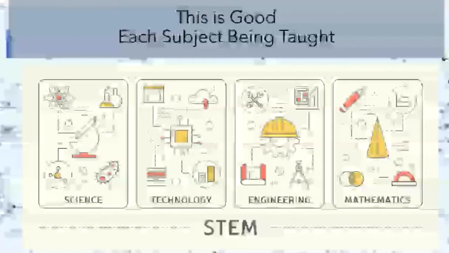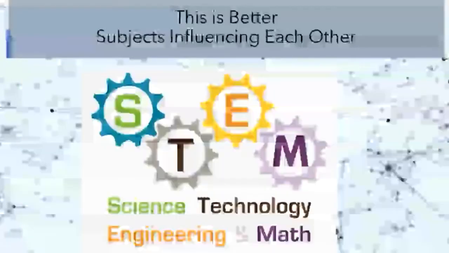So when we think about STEM, we have to come up with what we mean by the concept of STEM, and then we try to illustrate it. So this is good. We teach each subject. We would love to have every single subject taught for all grades all the time. It's good. This is better though. We have subjects that influence each other, interacting gears.